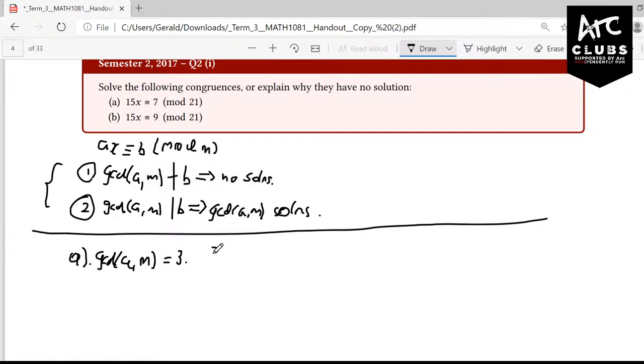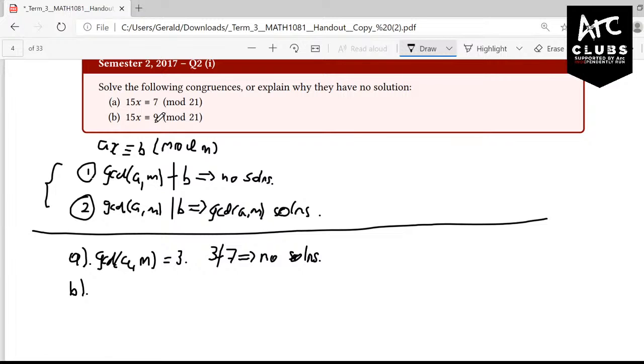And we know that 3 does not divide 7, so therefore we have no solutions. Cool. So for part B, we know that clearly 3 does divide 9, so we will have 3 solutions.